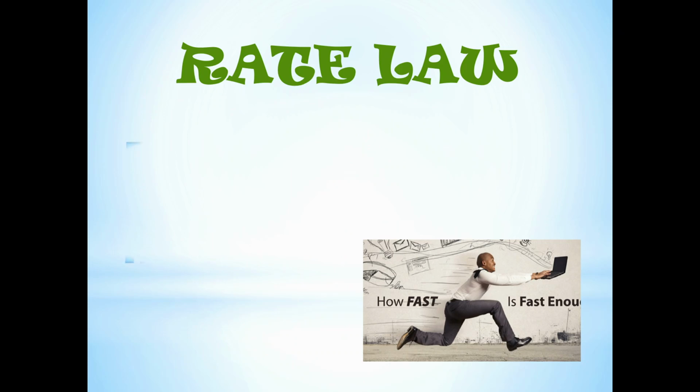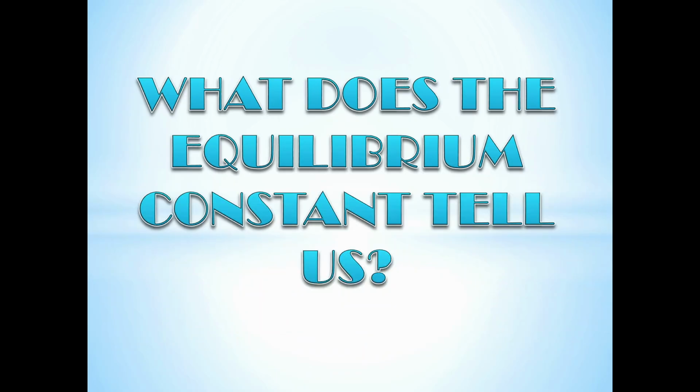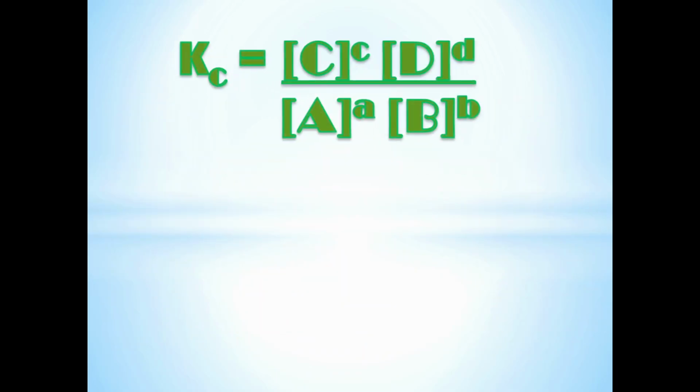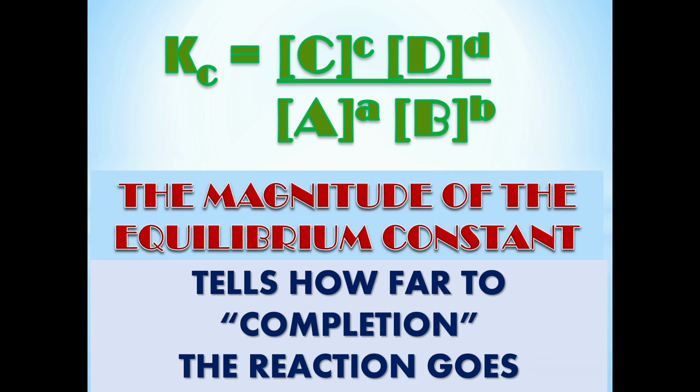Okay, so rate law. Rate law tells us how fast the reaction goes. It's basically telling us how fast equilibrium is reached, how fast the reaction is going to go until it reaches the point where it looks like it's stopped. So what does the equilibrium constant tell us? It tells us how well the reaction goes.